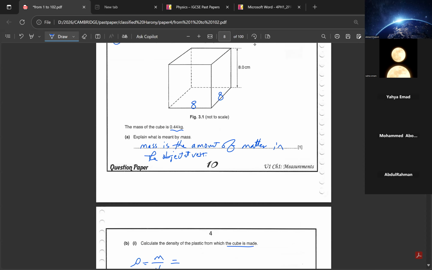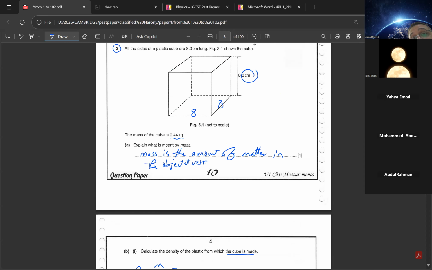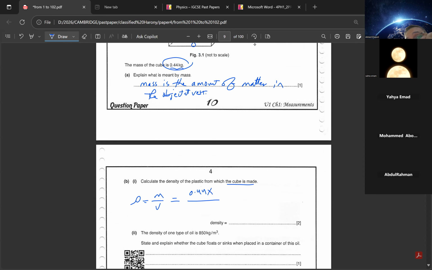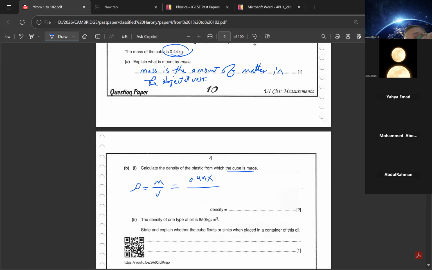So now we have centimeter and kilogram. What should we do? Convert the kilogram into grams. As you like. So it will be 0.44 multiply 1000. Perfect. Divided by 8 cubed. Okay, so now what is the result?